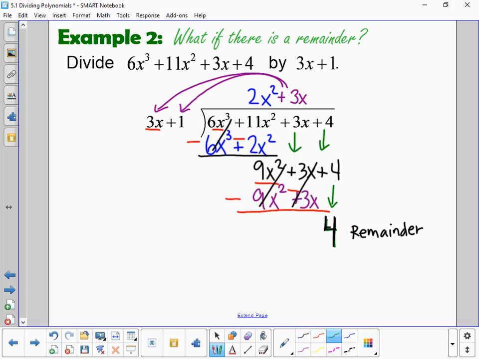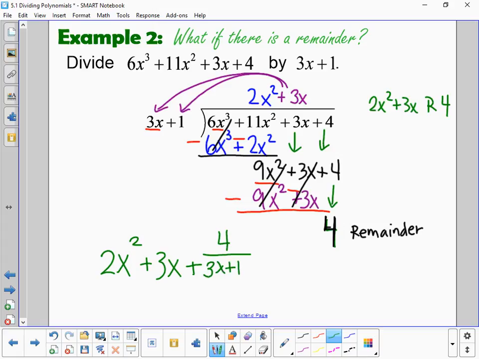So when we report our answer, sometimes we would say 2x squared plus 3x remainder 4, but it's a lot more common with polynomials to write the remainder in fraction form. So we would say that our solution is, I'll write it down here at the bottom, 2x squared plus 3x plus, we put our remainder over our divisor.